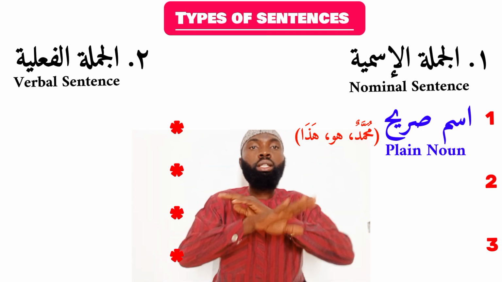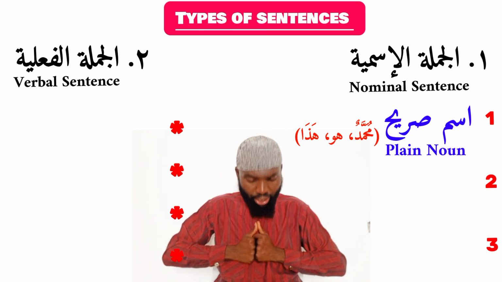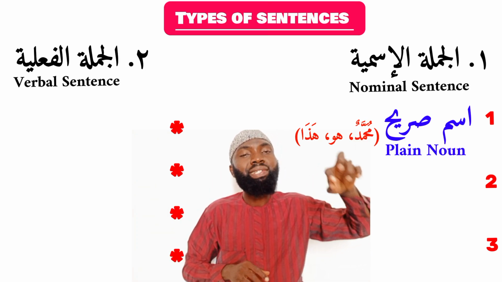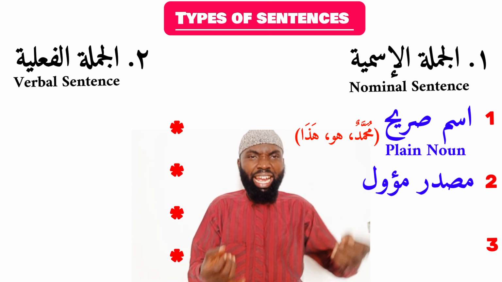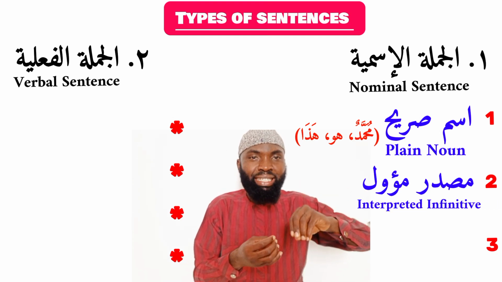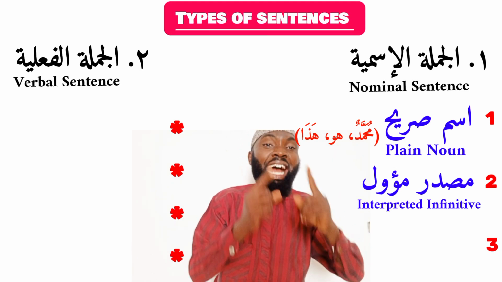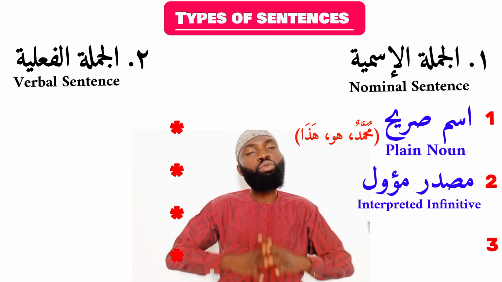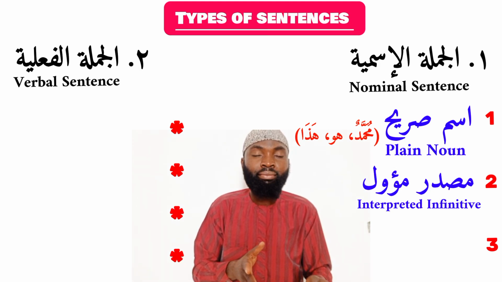Can you see? Now, some other times the sentence could also begin with what we call masdarun muawwalun. That is a sentence which begins with a verb which comes after the word "an", and this we call an interpretative infinitive.